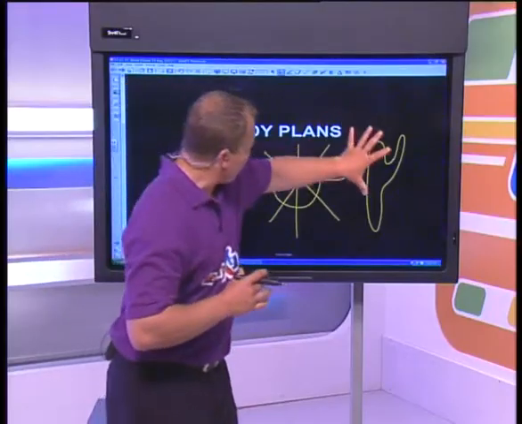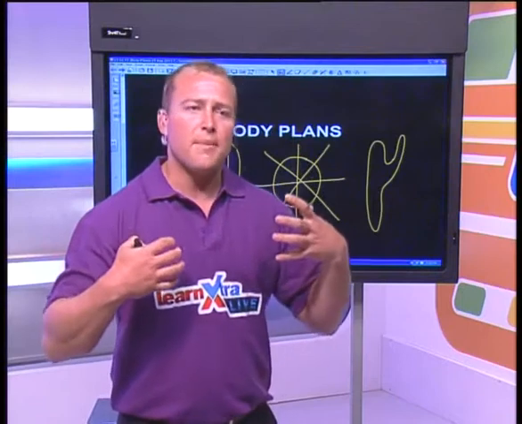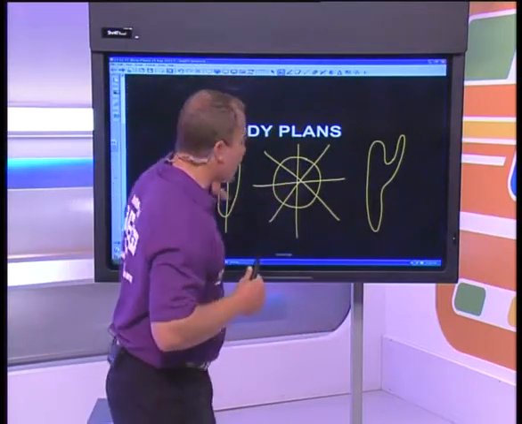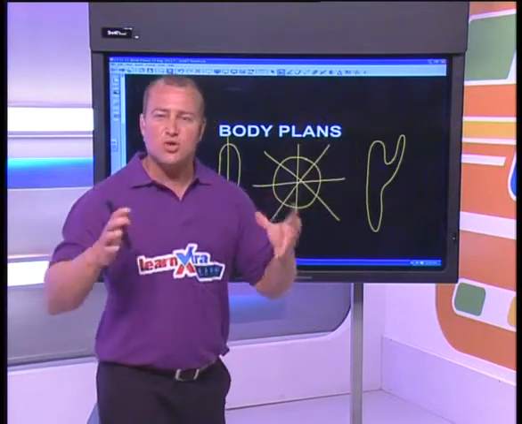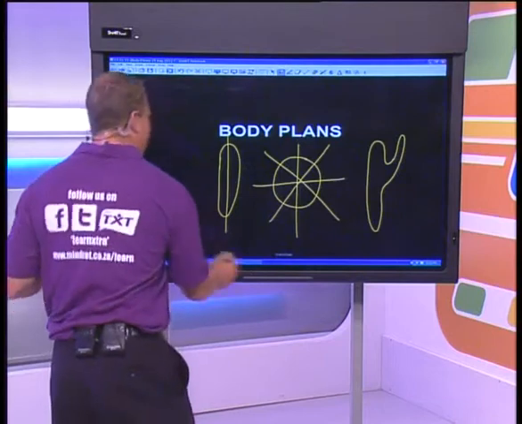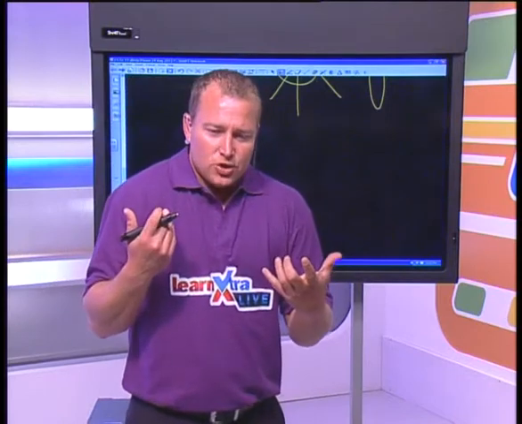Now, each one of these things came to a specific phylum. You start looking at certain things, so we look at what symmetry they are. The next thing we had a look at was if they had a coelom, which means they were divided into different sections.